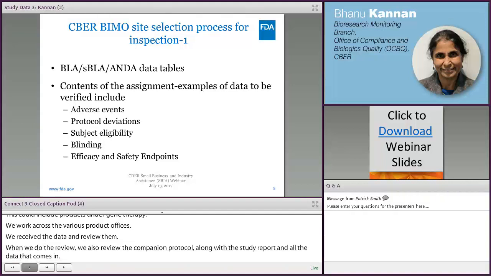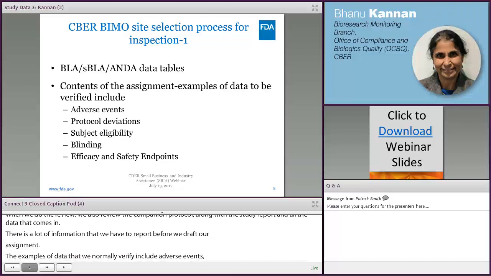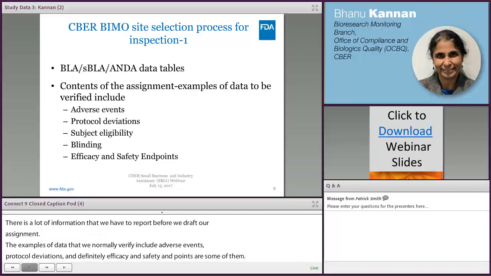Examples of data that we normally verify at the clinical site are adverse events, protocol deviations, and definitely the efficacy and safety endpoints, blinding. These are some of them. And pretty much we can understand from this that probably all the data that goes into the label that the sponsor has used, we will try to verify at the clinical site.